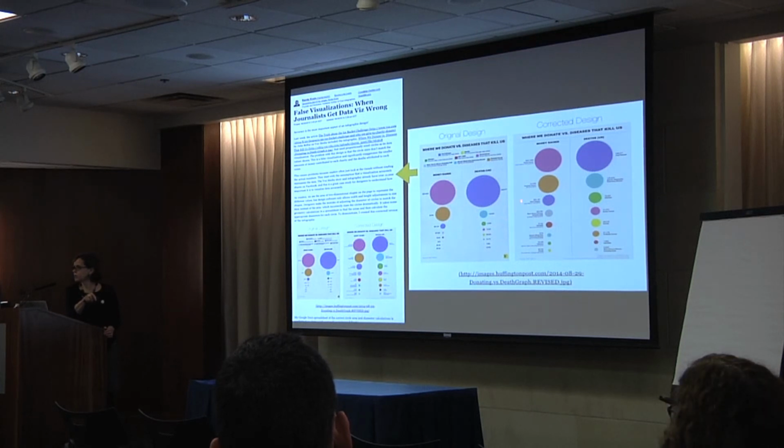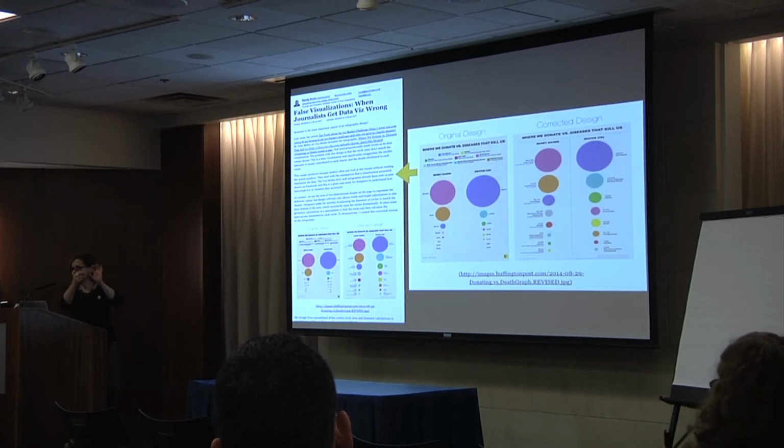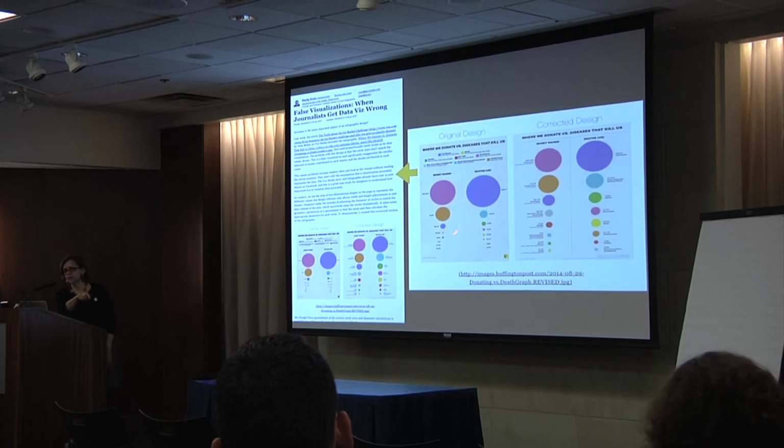Usually when we use a shape to encode information, we have to use the area, because it's two-dimensional, a shape rather than a line that is one-dimensional. And the information here was encoded in a radius rather than in an area.